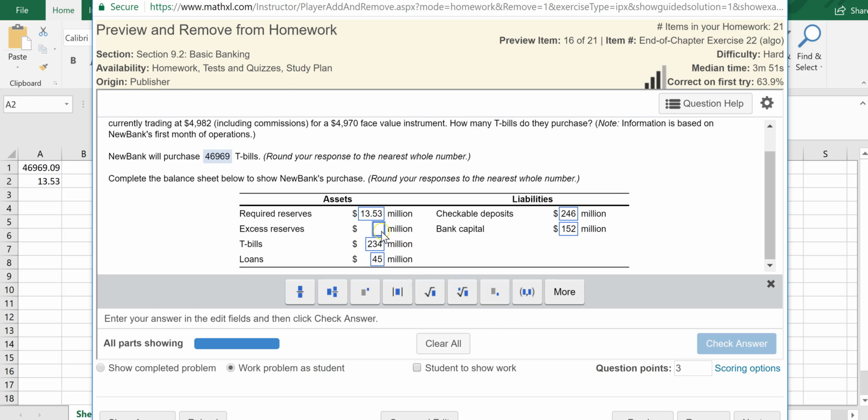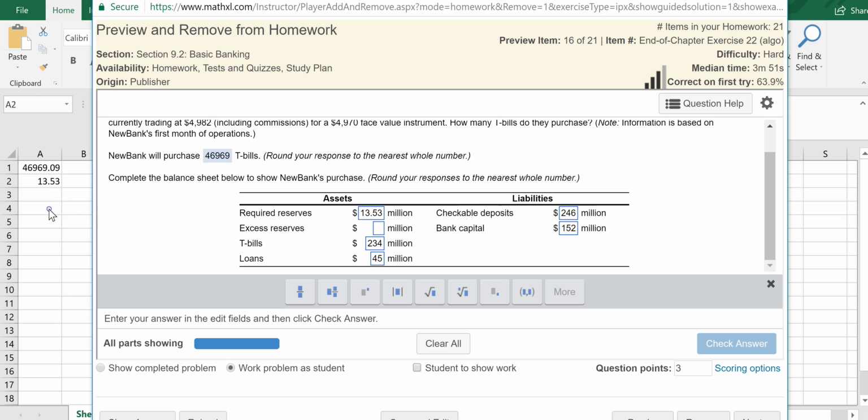And then finally, the only blank we have here is the excess reserves. So how can we use the numbers we have to determine this number, excess reserves? Remember, this balance sheet means that ultimately the assets have to be balanced with the liabilities. So that means if you sum up all these items here, required reserves, excess reserves, T-bills, and loans on the asset side, that will have to be equal to the total liabilities, which is the sum of the checkable deposits and bank capital.